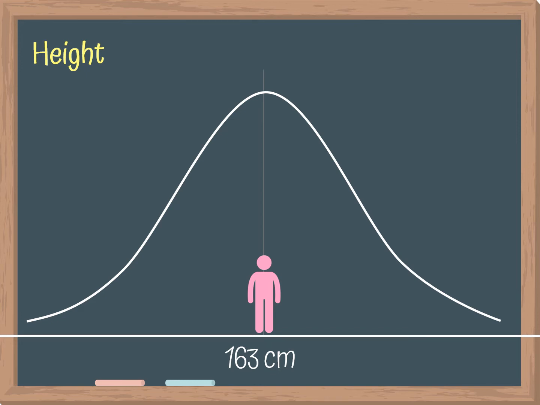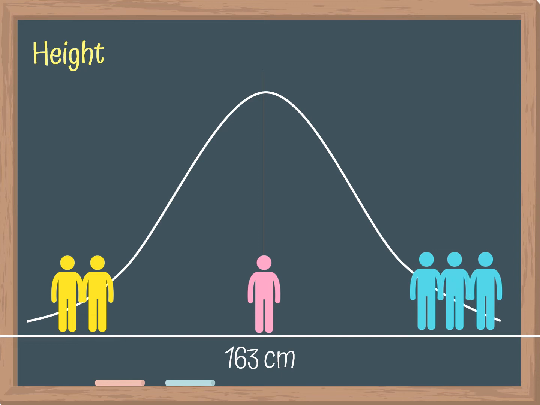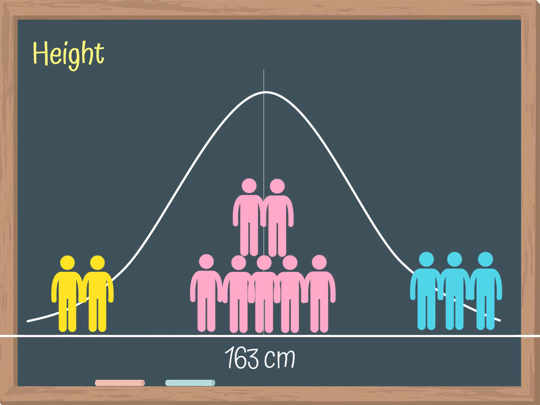Of course, there are people who may have a height more than 163 centimeters, or some may be shorter than this value. But let's say we recorded the height of a number of males. Most of them will probably fall under the average height, which is 163 centimeters. If we will be showing that using a graph, it may look like this. The frequencies will concentrate on the center where the average value can be found.